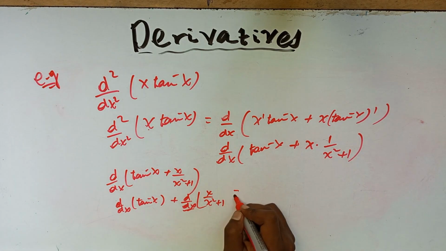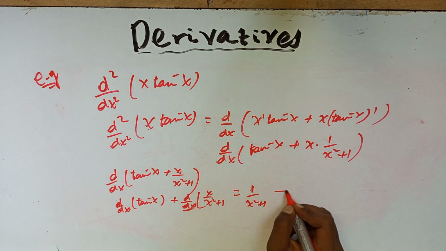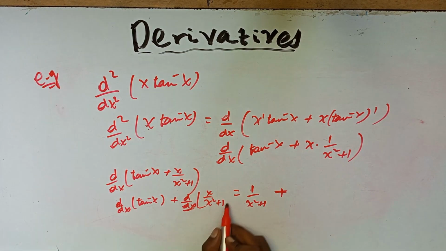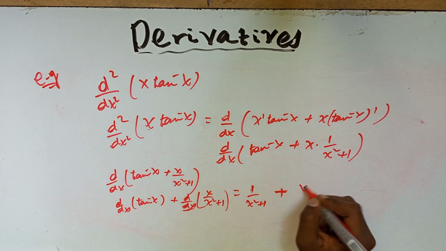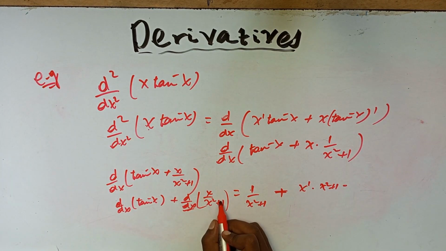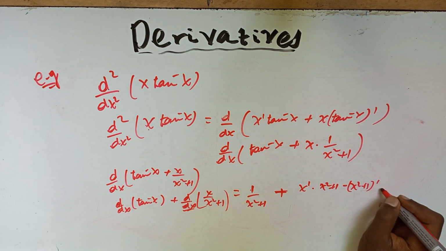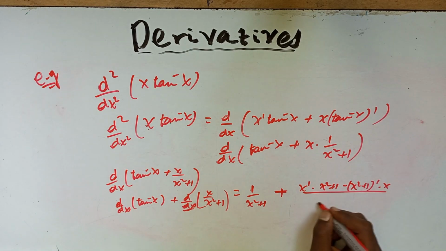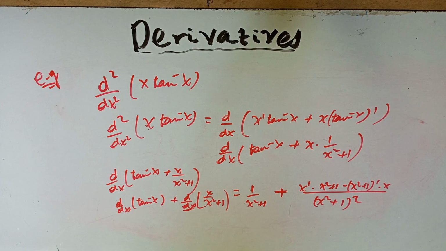The derivative of the first is 1 over x square plus 1, plus the derivative of the second, which we differentiate with the quotient rule. First we differentiate x, giving x derivative times x square plus 1, minus the derivative of x square plus 1 times x, over x square plus 1 the whole square.